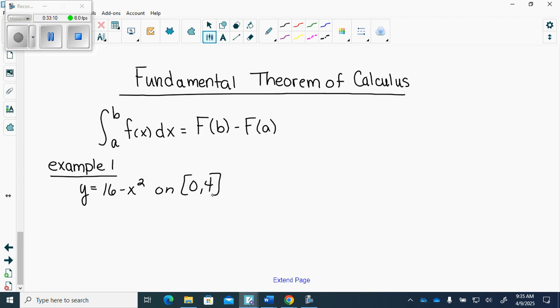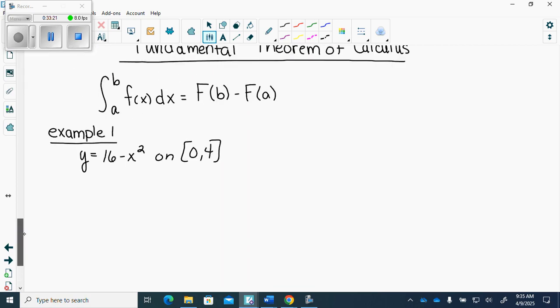Right? That was the last example we did. So how we represent that is using an integral. Now we're going to do just integrals all day today, but I want to prove to you that the reason why we're learning the fundamental theorem is to learn to find the area under the curve without having to do left bound, right bound, midpoints, which would be kind of close. Okay? So how we would set it up is we would go area equals 0 to 4.